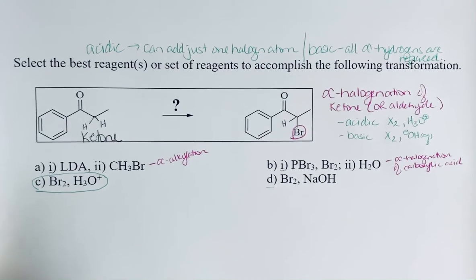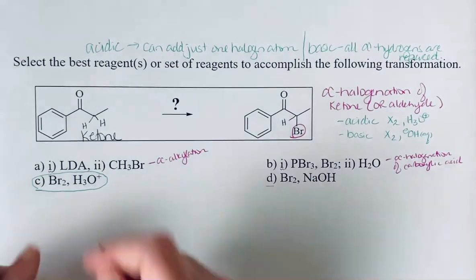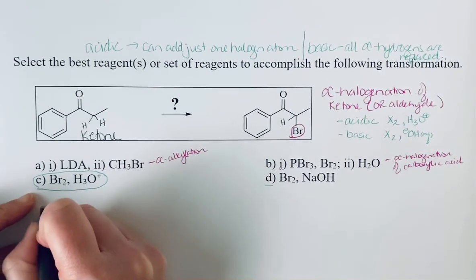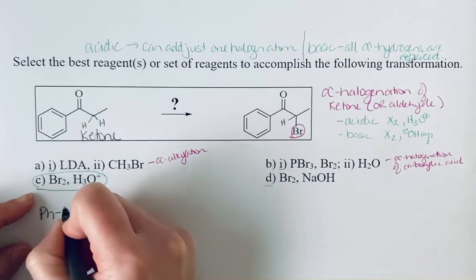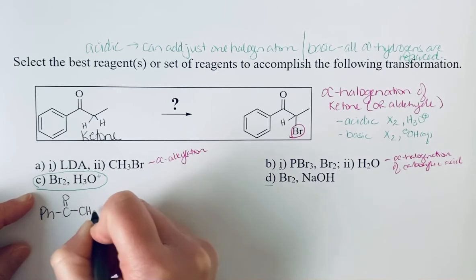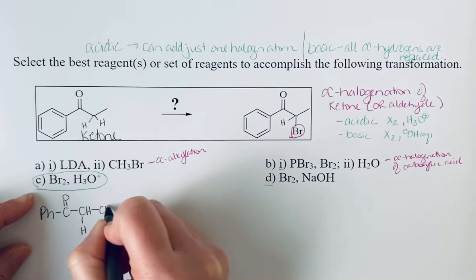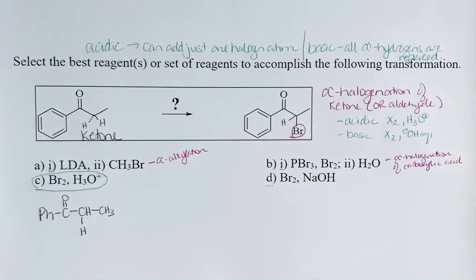But while we have this example here, let's go ahead and look at how this mechanism works. So I'm going to draw the mechanism for C. So you have your ketone. And I'm going to draw out that alpha hydrogen so we see where it is, because this is the one we're going to replace.